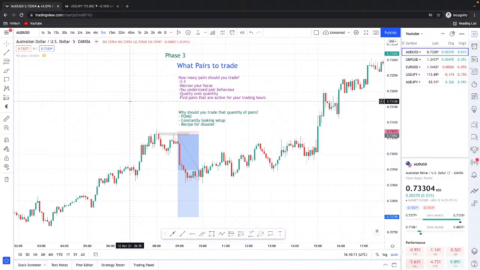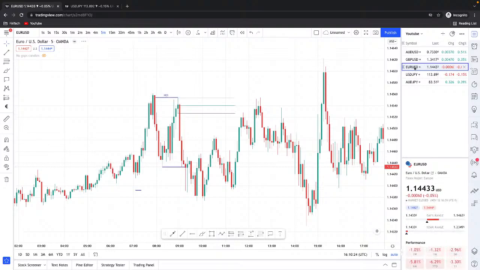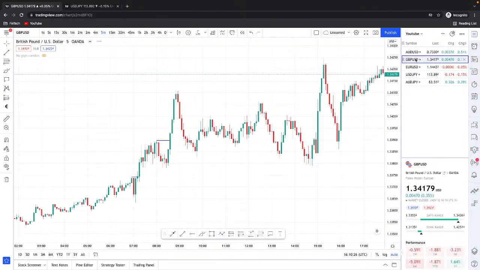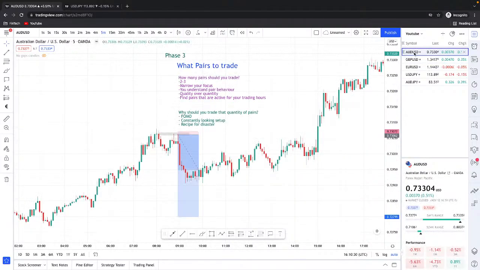You back test it, forward test it. I already showed how to back test in the past, right? Because I trade these pairs: the Australian dollar, euro US dollar, and pound dollar, most of the time 3 pairs. Because my broker has very tight spreads.